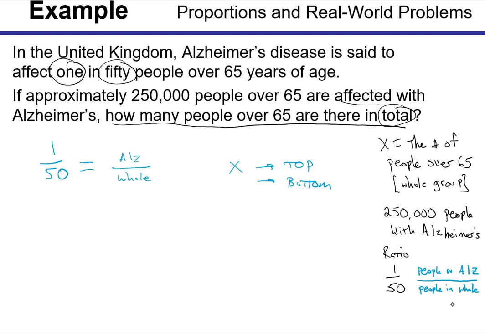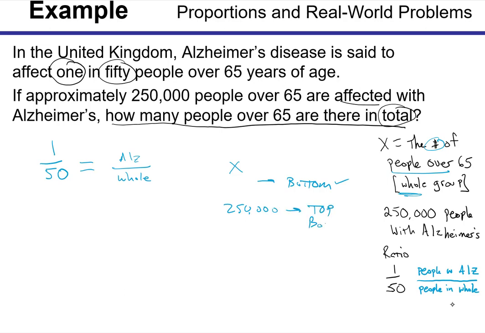X represents the number of people over 65. It is the whole group. Oh wait, so that's telling us that X should go on the bottom. Let's double check that with the other number. What is the 250,000? Just in case I was wrong, I'm going to rethink it.